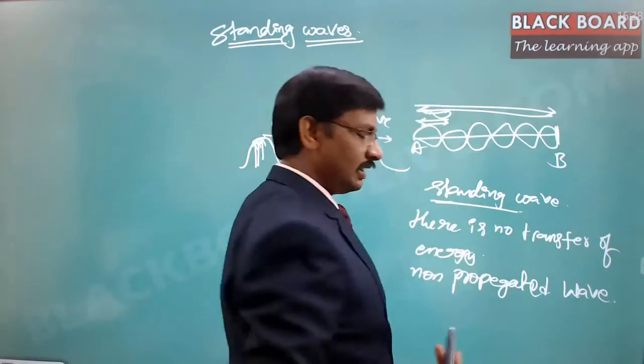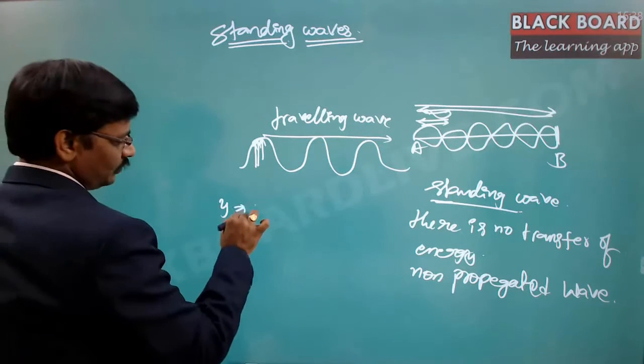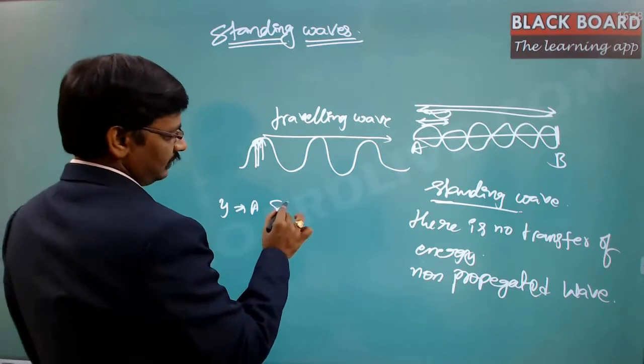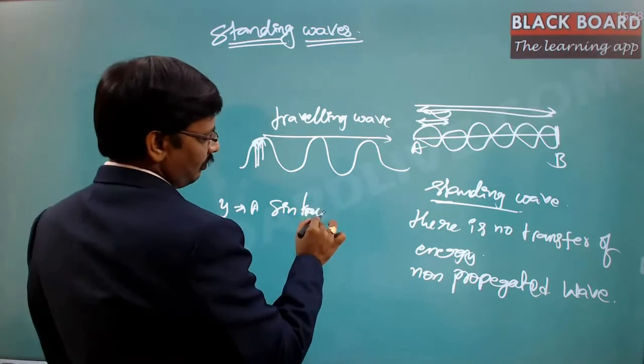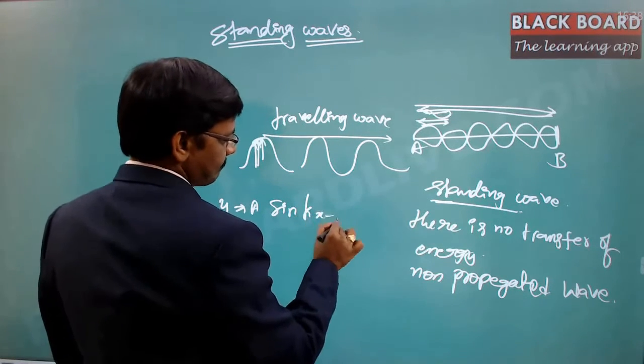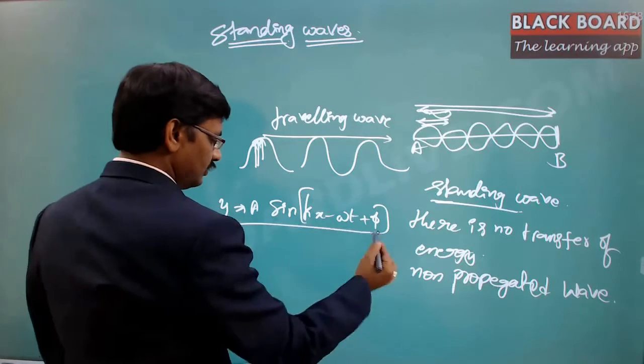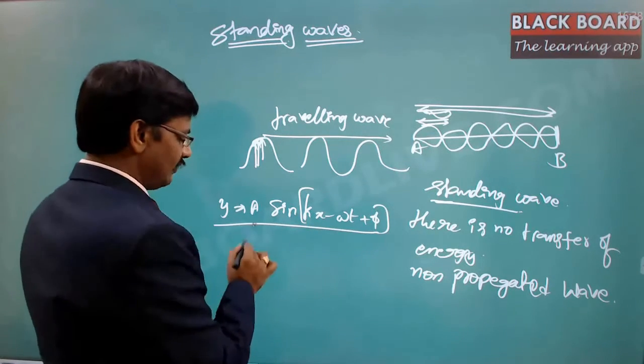Now if you notice the equation of the traveling wave, we have derived the equation as A sin(kx minus omega t plus phi), and this is the case where we treat the wave as a traveling wave.